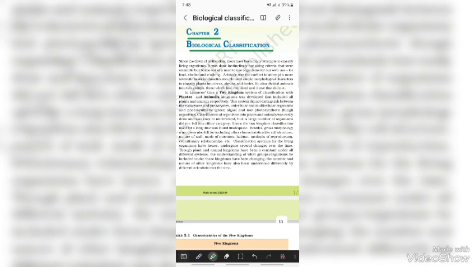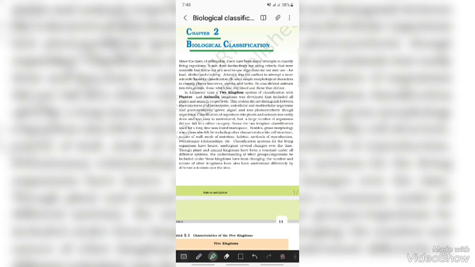Besides gross morphology, a need was also felt for including other characteristics like cell structure, nature of cell wall, mode of nutrition, habitat, method of reproduction, evolutionary relationships, etc. Classification systems for living organisms have hence undergone several changes over time.